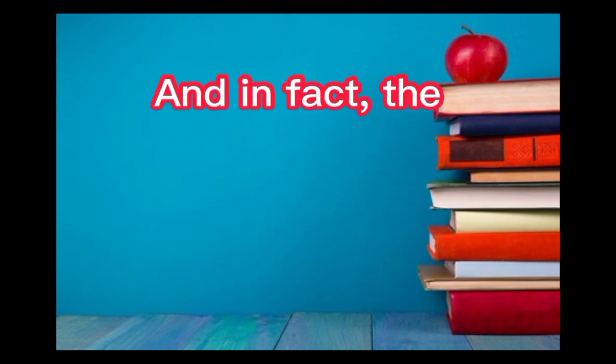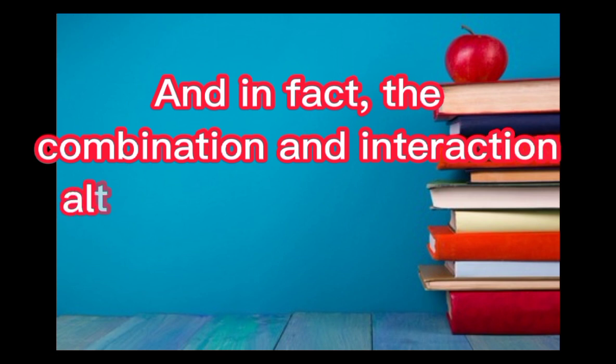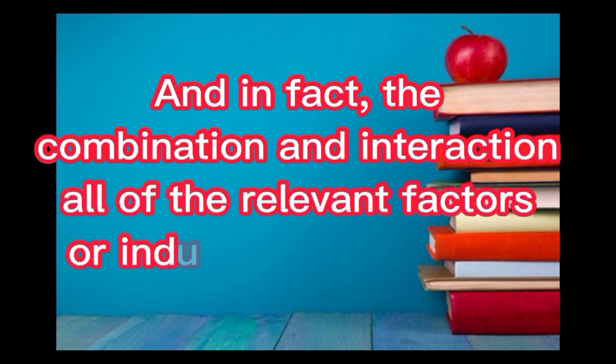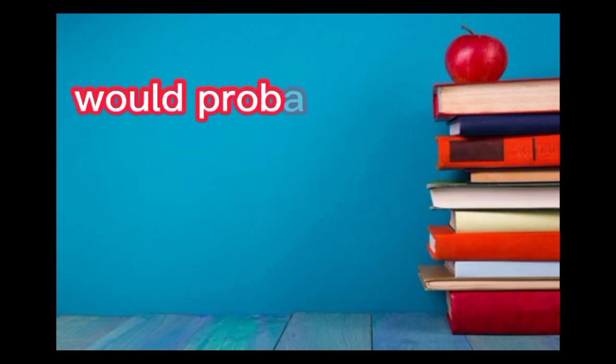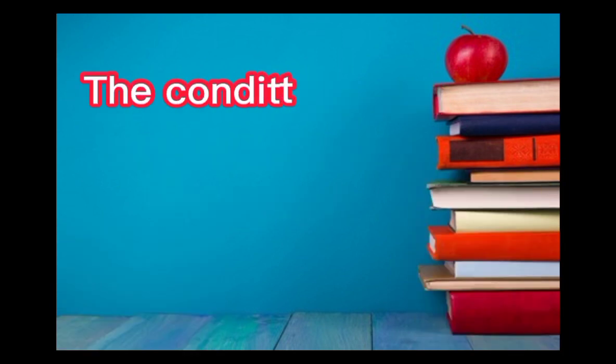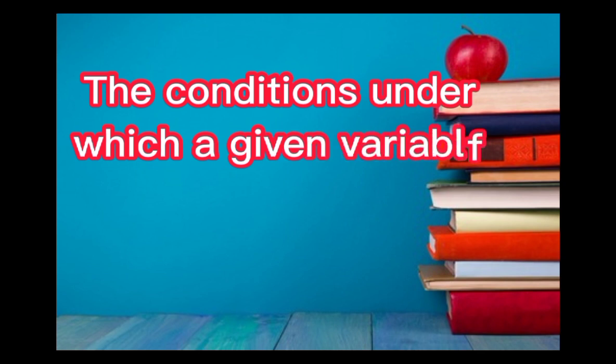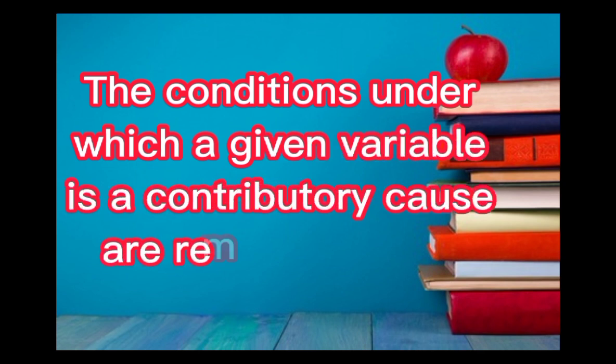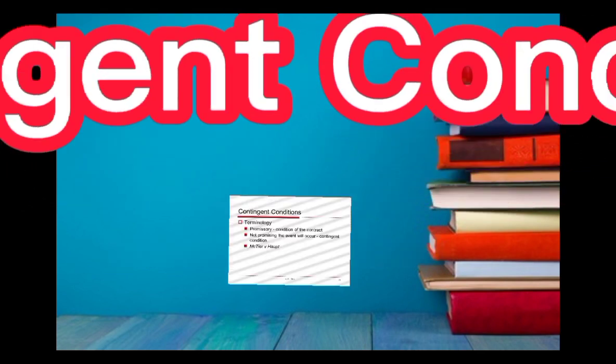And in fact, the combination and interaction of all of the relevant factors or independent variables would probably explain effective library use. The conditions under which a given variable is a contributory cause are referred to as contingent conditions.